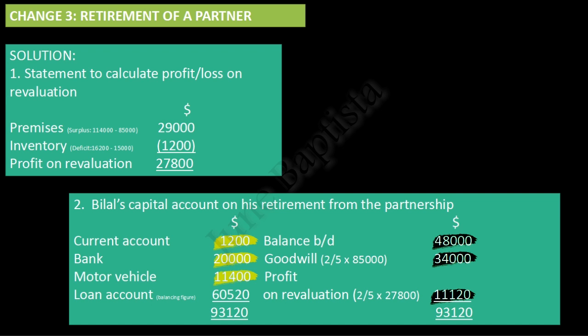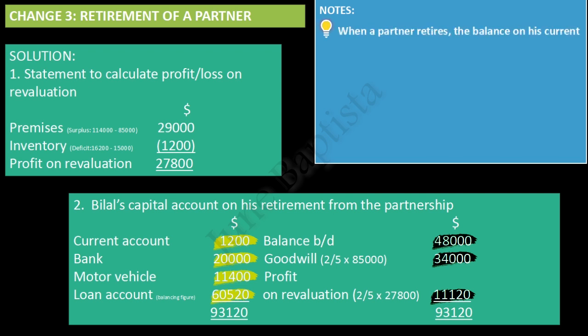Therefore, the remaining on Bilal's capital account of $60,520 is now transferred to a loan account as per the final settlement agreement. Bilal's capital account is now closed.